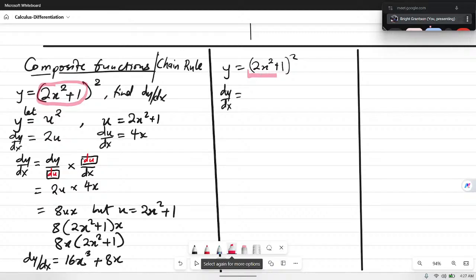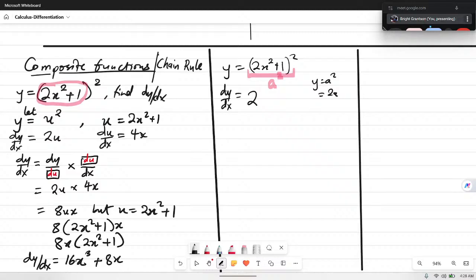See everything here as a square. Are we okay? Okay. Now how will you differentiate a square? You just bring the square in front. That's the 2. It becomes a raised to the power 2 minus 1. If you have y equals a squared, you differentiate, you're getting 2a, right?